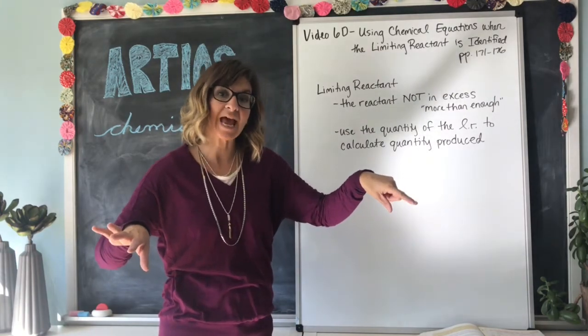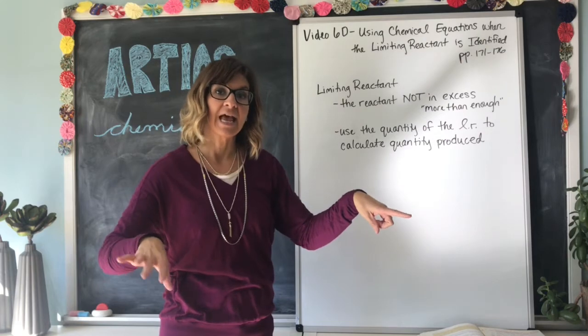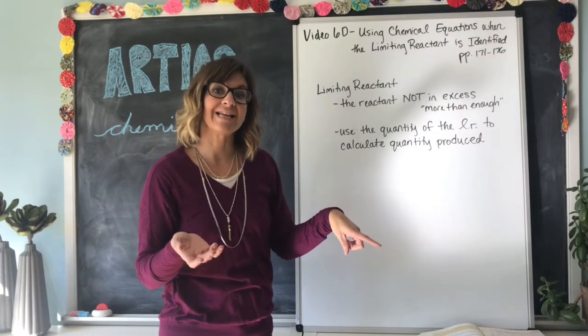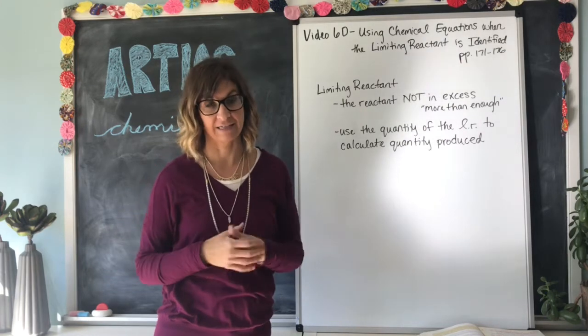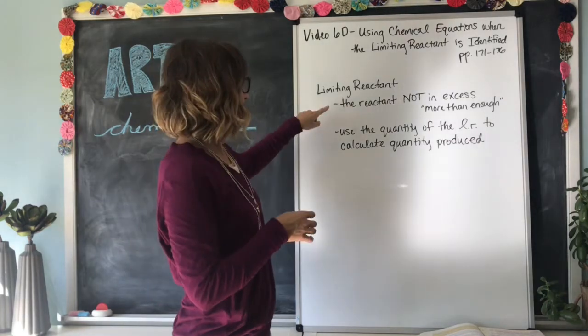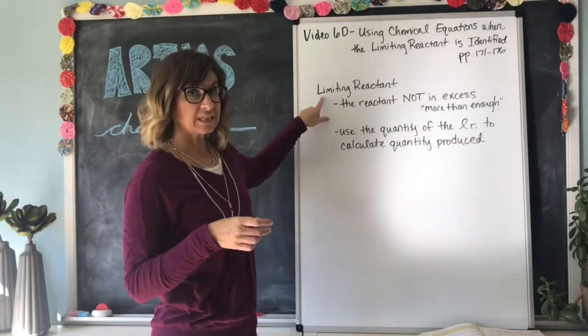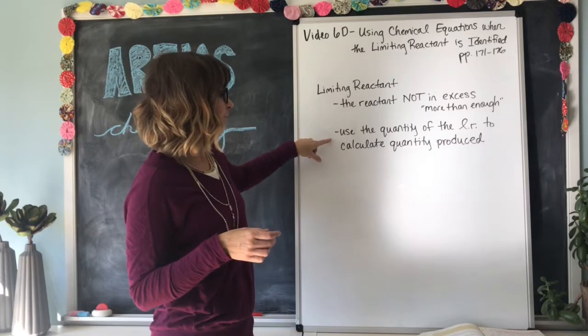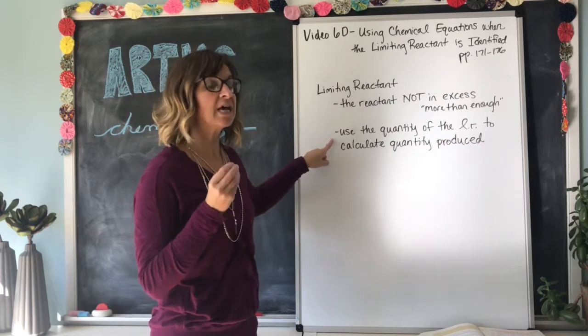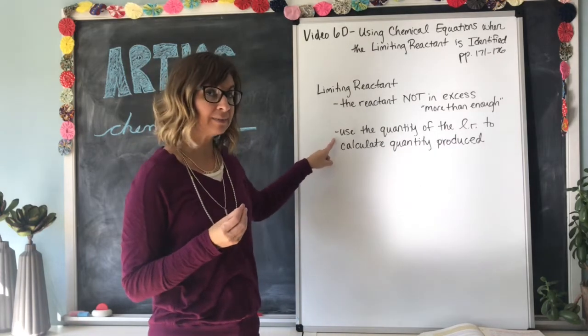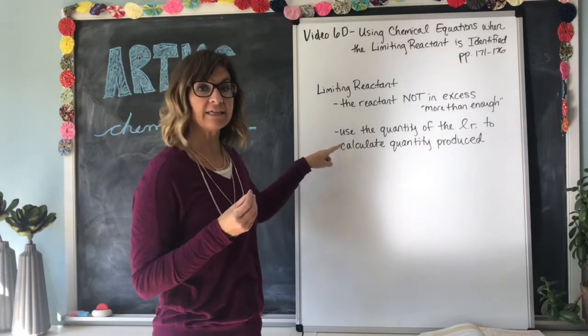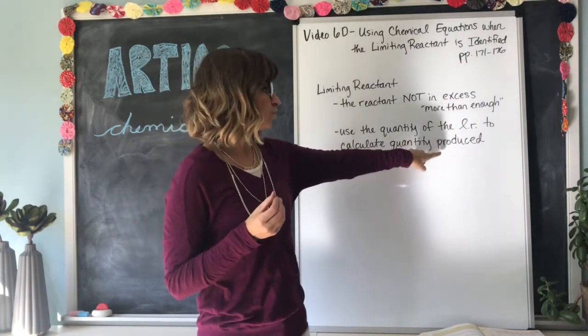So you will normally have a limiting reactant and then a reactant that is in excess, or maybe even a couple reactants that are in excess. Also under the limiting reactant, we have to point out that you use the quantity of the limiting reactant to calculate the quantity produced.